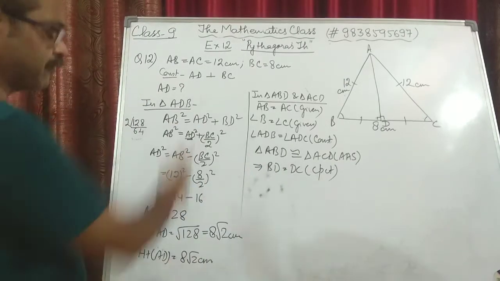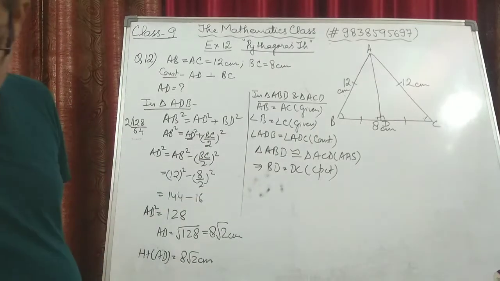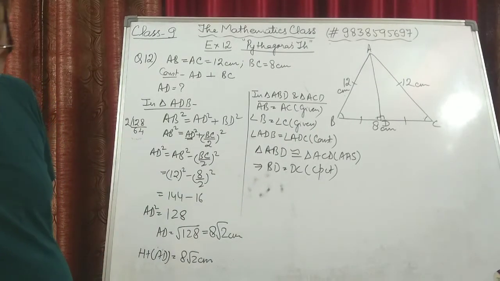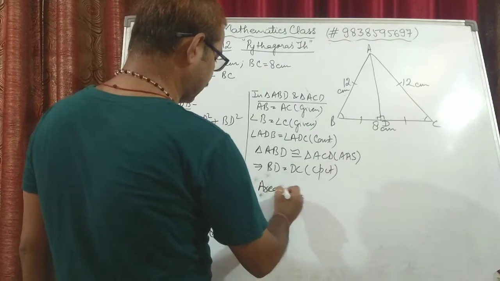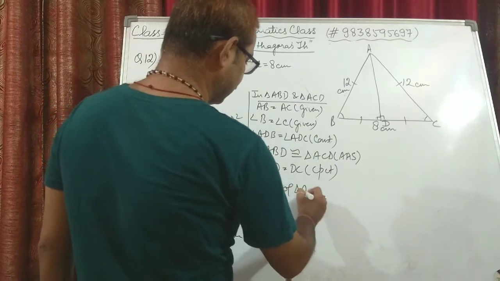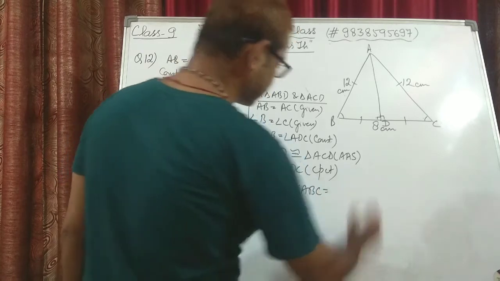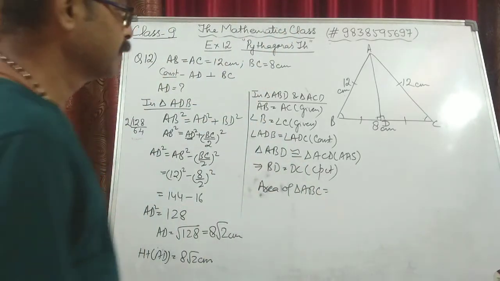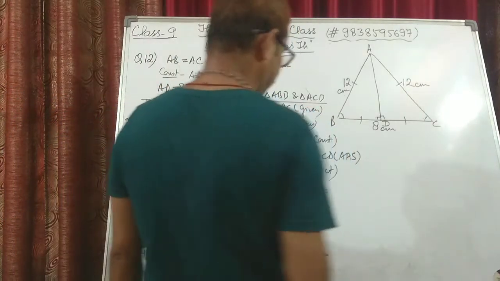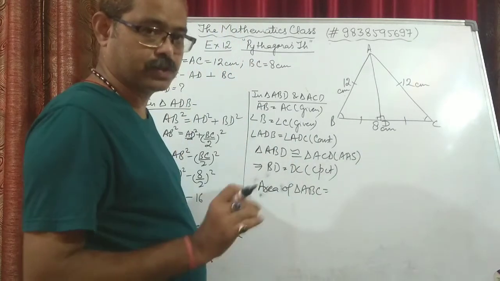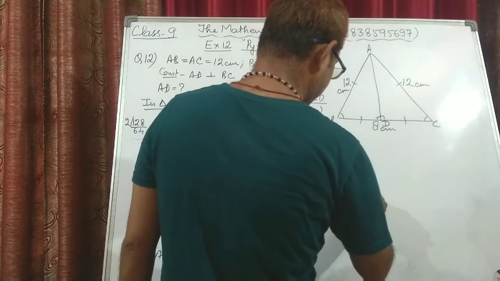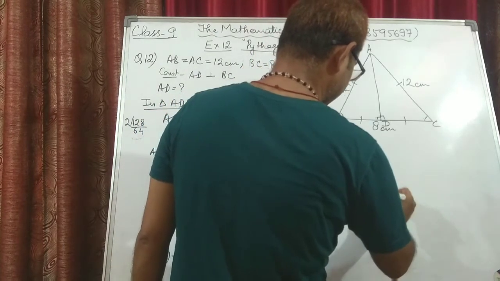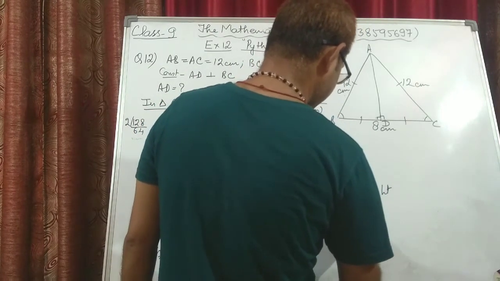This was the first part. Second part, they say also find the area. In order to find the area of triangle ABC, we know that the area of any triangle is given by half into base into height. So half, what is base?